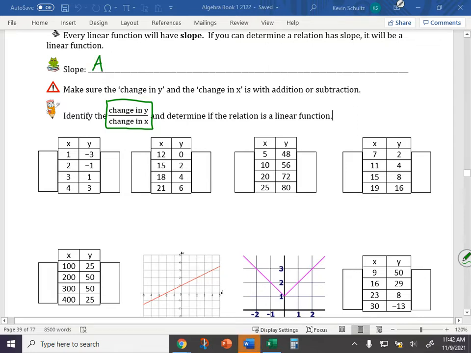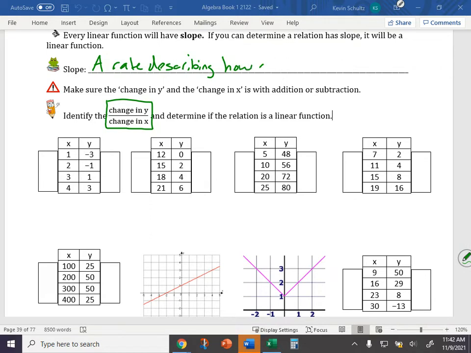So slope is a rate describing how a line moves across the coordinate plane.